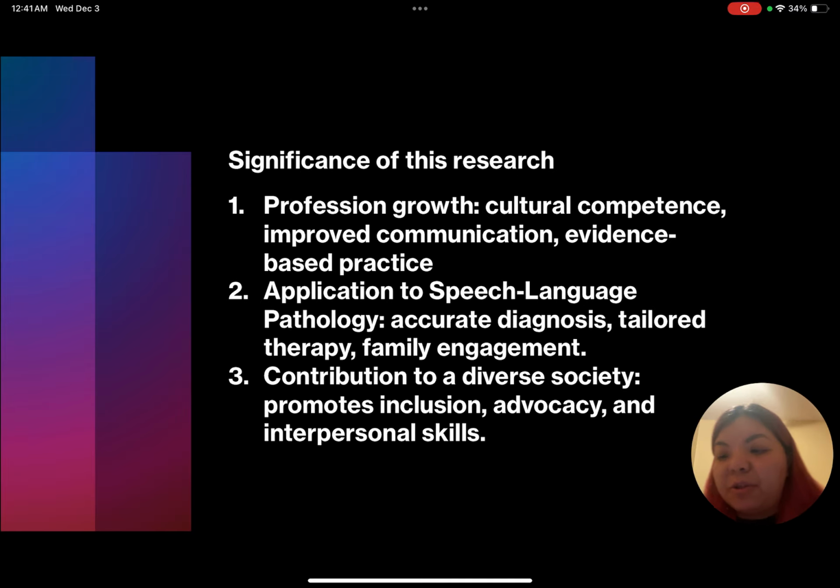And then my third significance is the contribution to a diverse society. You can promote inclusion by valuing and understanding the Hmong language. You can create an inclusive environment where linguistic diversity is respected. Advocacy: you can advocate for language access services and educational resources for Hmong-speaking communities, of which there's a wide variety down in the Twin Cities.